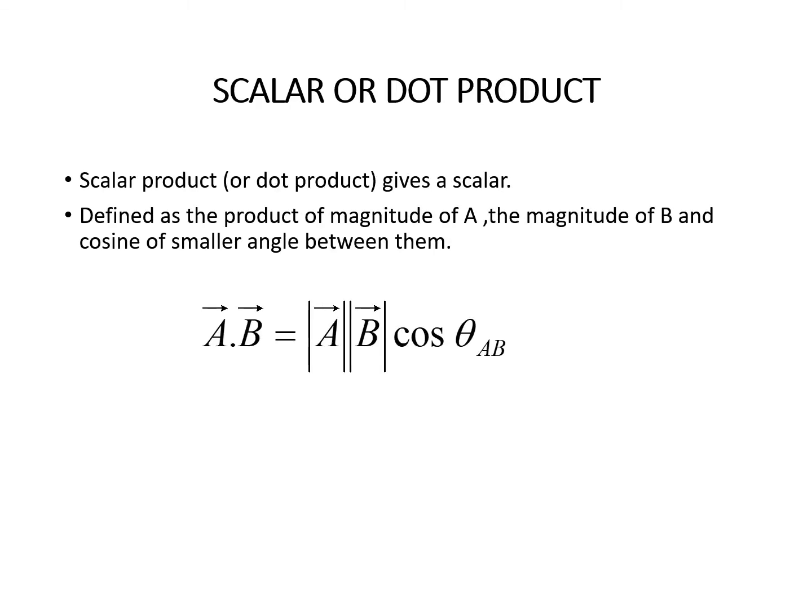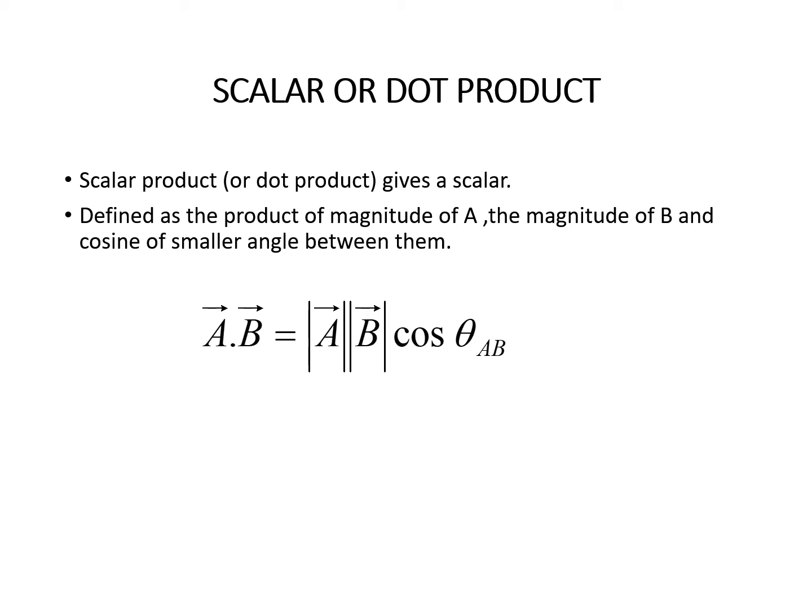Scalar or dot product. The scalar or dot product of two vectors, A vector and B vector, is denoted as A vector dot B vector. So consider two vectors, A vector and B vector.